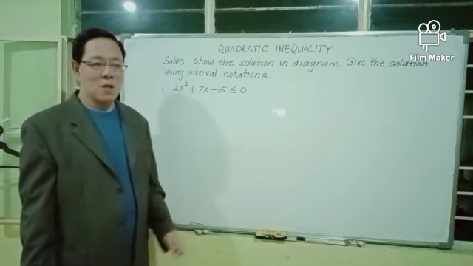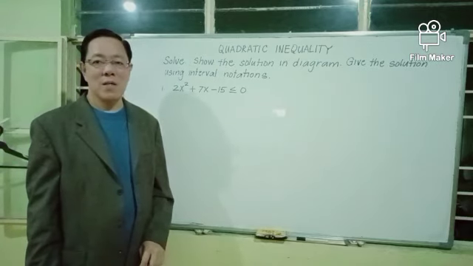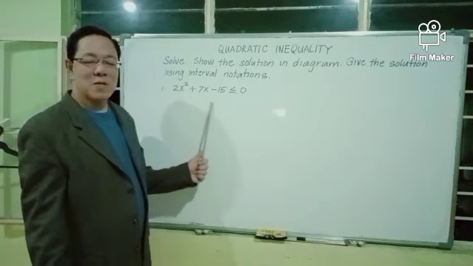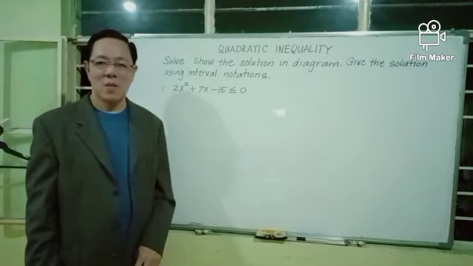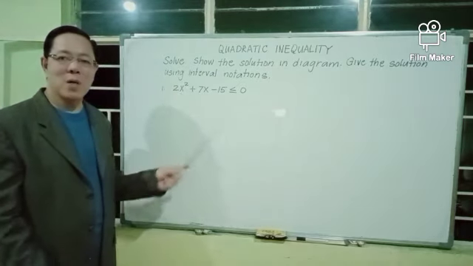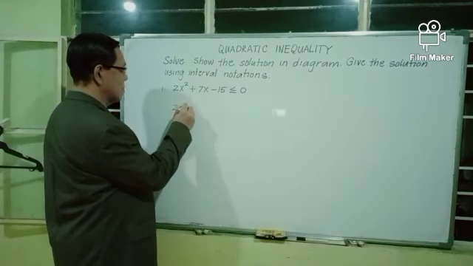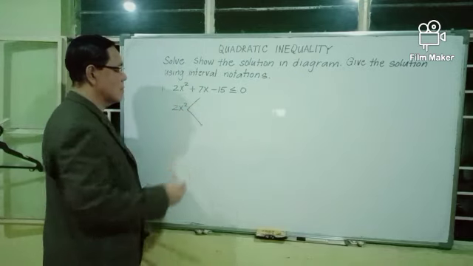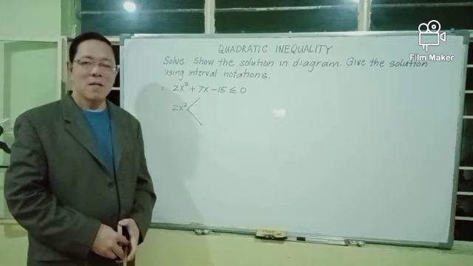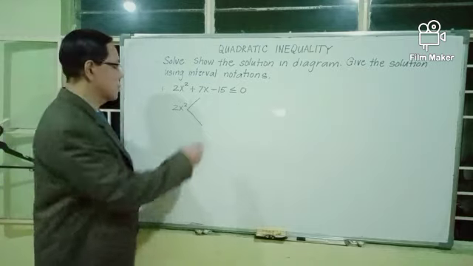Now, the first step to solve a quadratic inequality is to check if the quadratic expression is factorable. So we will try to factor this out using trial and error. And we start by factoring the first term, 2x squared. Since 2 is a prime number, the only numbers that can divide 2 are 1 and 2.